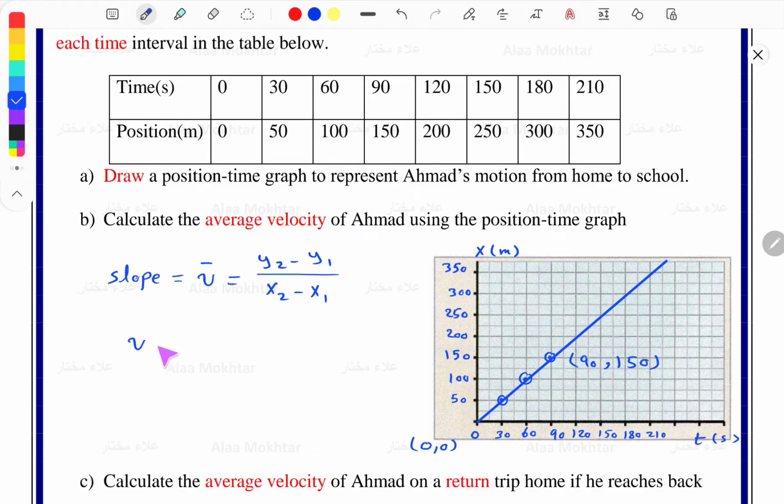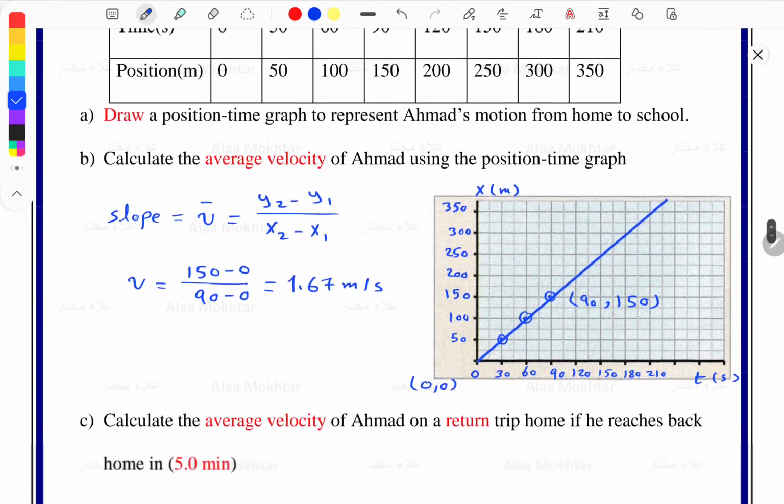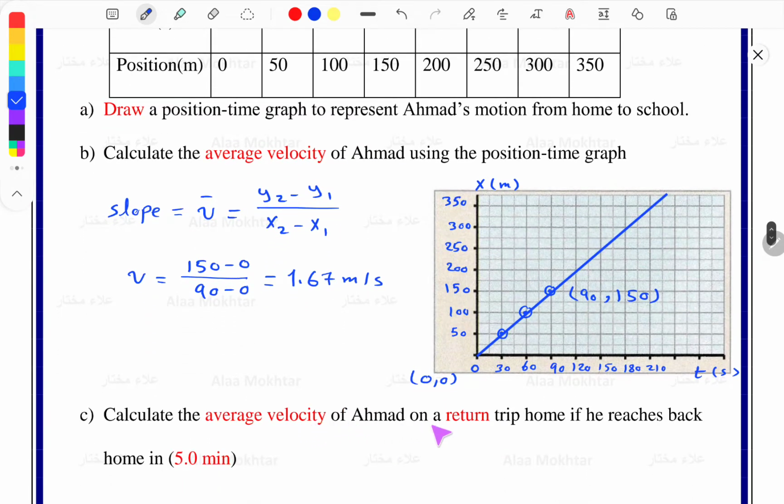The average velocity equals 150 minus 0 divided by 90 minus 0. The answer will be 150 divided by 90, 1.67 meter per second.